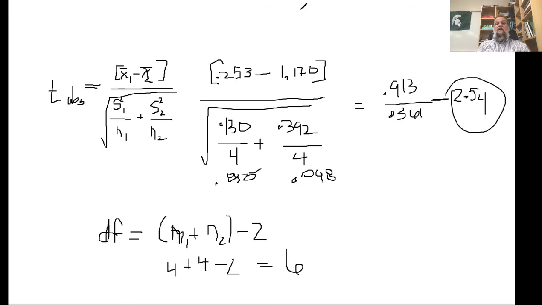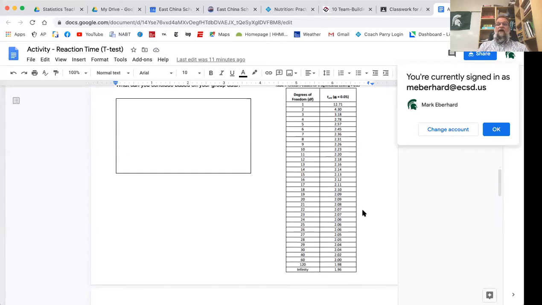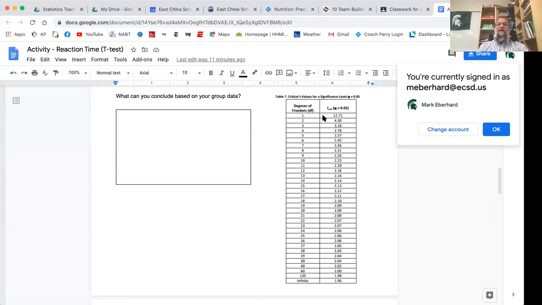So let me go back to the other document. And so here's my critical values chart. It's provided. Here's my degrees of freedom, and I'm going to 6. There's 6. The value is 2.45.